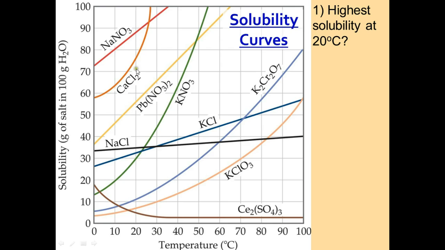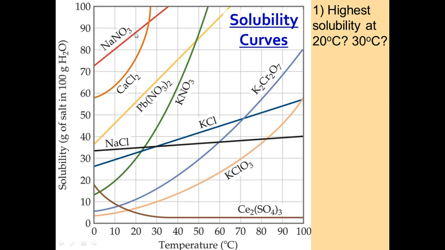So if the gram amount is above the line, then it's supersaturated, and if it's below, it's unsaturated. And if it's right on the line, it's saturated. So at 20 degrees Celsius, 87 would be saturated.